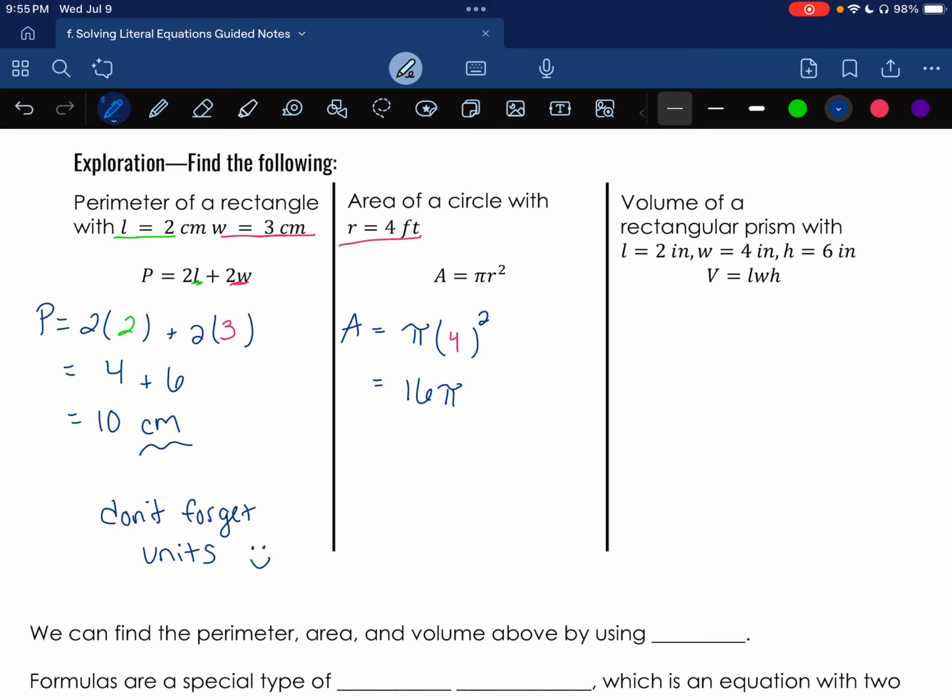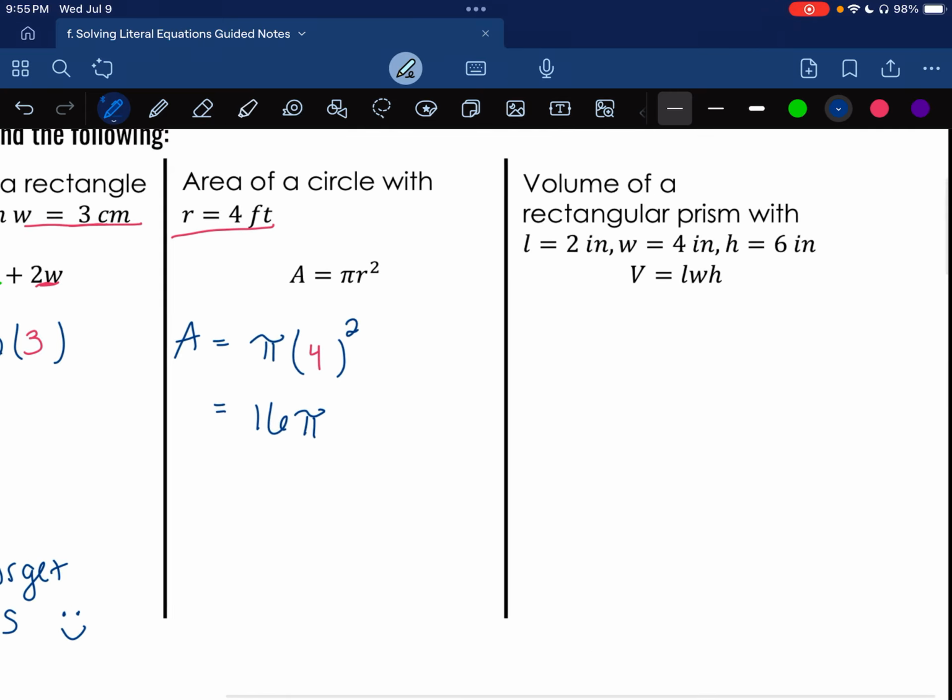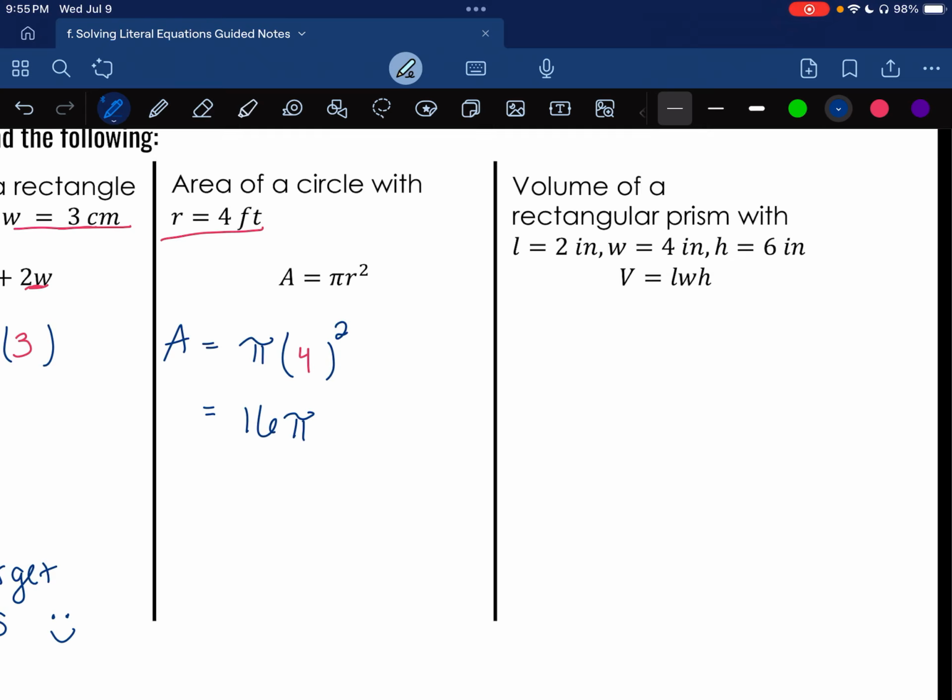All right, and last but not least, volume of a rectangular prism with a length of 2, a width of 4, and a height of 6. Lots of color coding going on here.